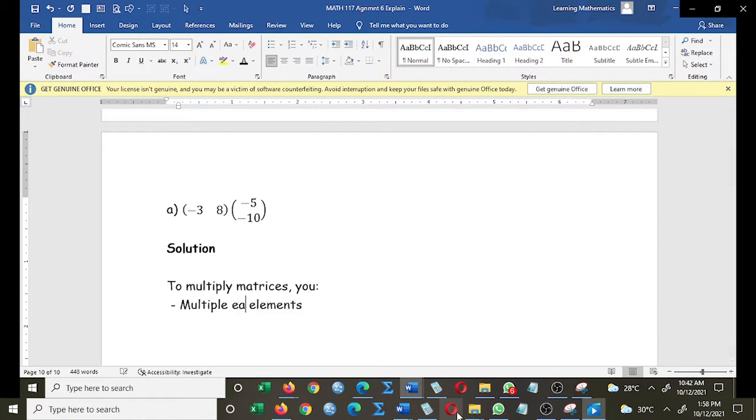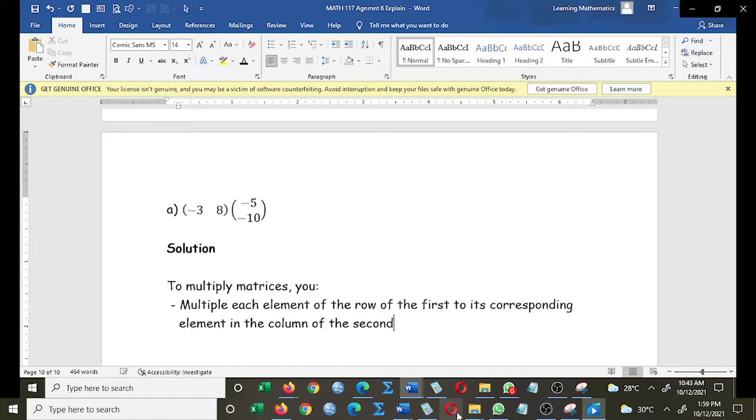You multiply each element of the row of the first to its corresponding element in the column of the second.